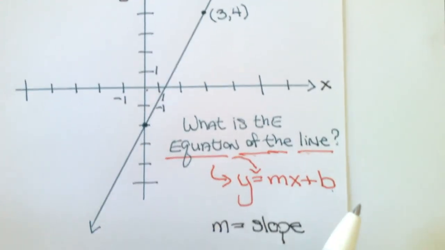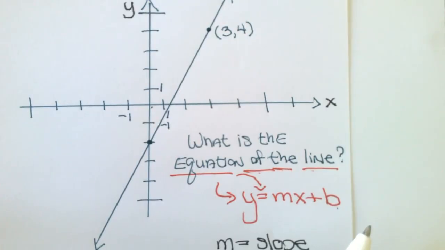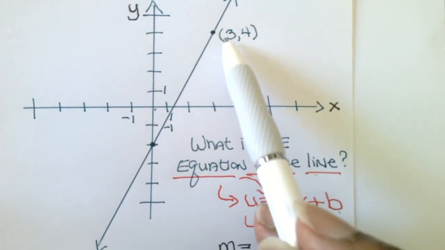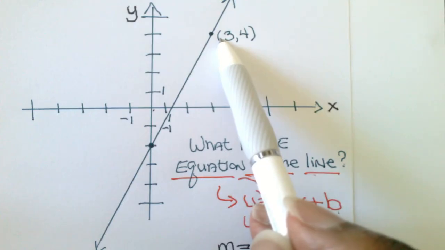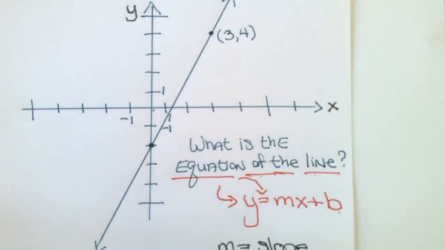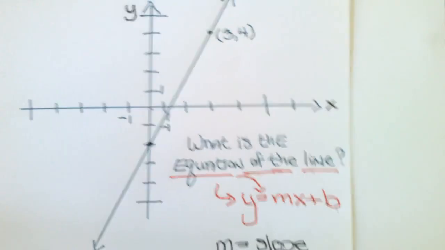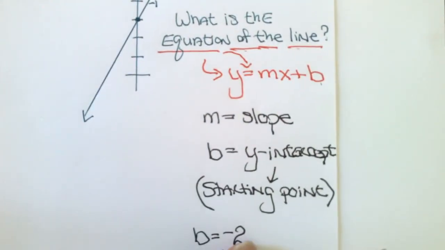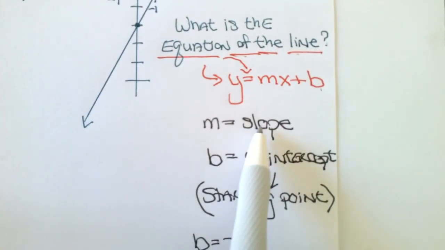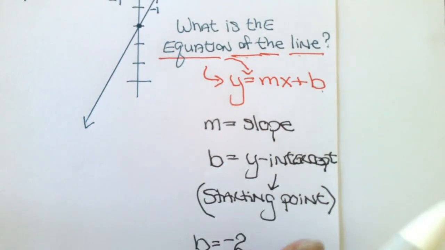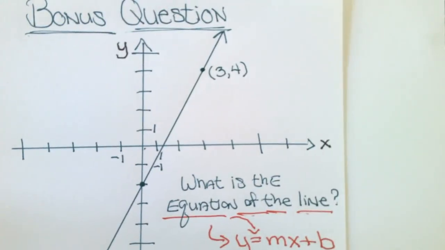Now the other thing we need is the slope. So we have this other point, 3, 4. How can I find the slope from a graph? Remember what we said slope was. It is rise over run. Why is it -2?